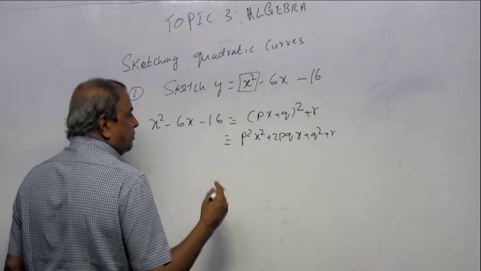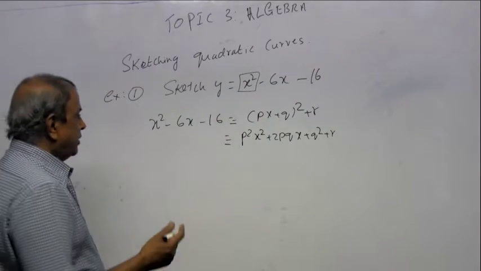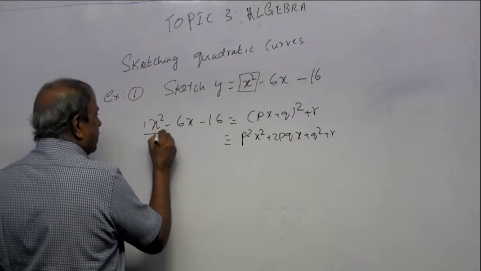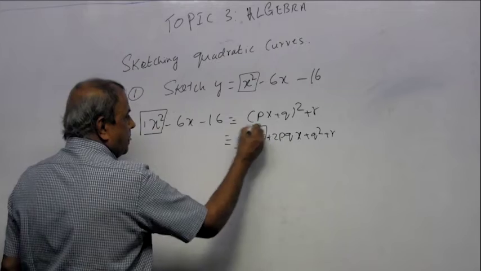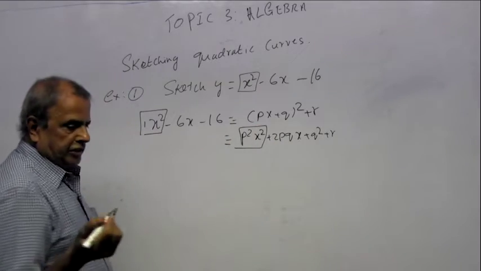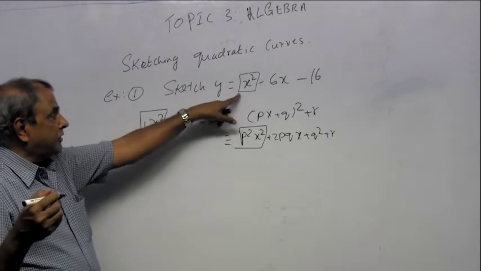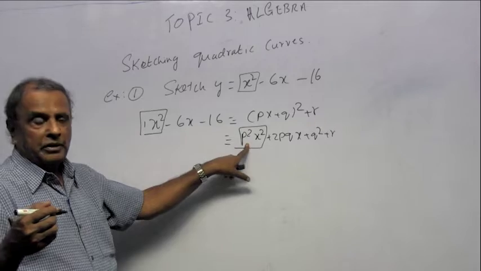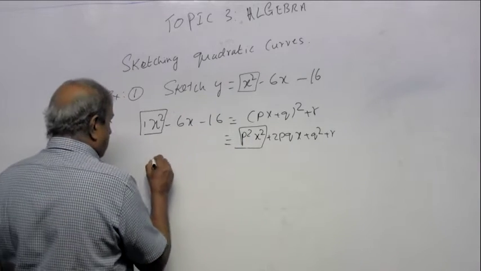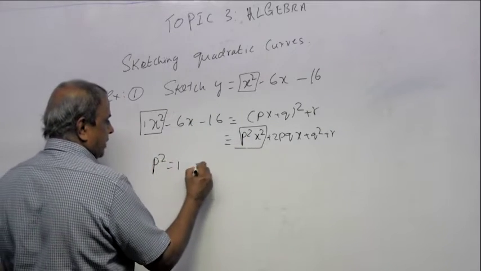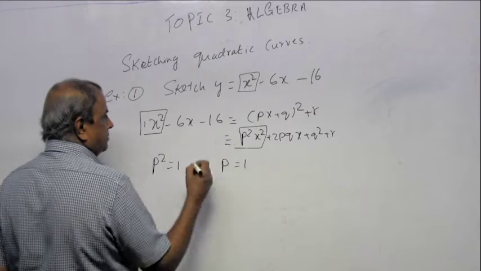Remember, I'm putting three lines, that means they are identical. If they're identical, the coefficients must be the same. And whenever you take the square root, in this case, because it's a positive x squared, p has to be positive. So p squared is 1 gives you p equal to 1.